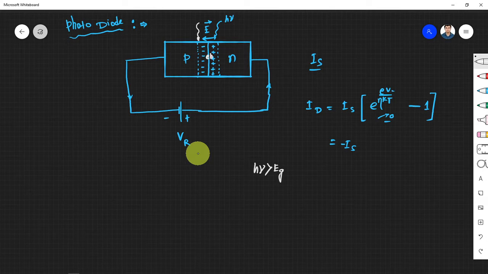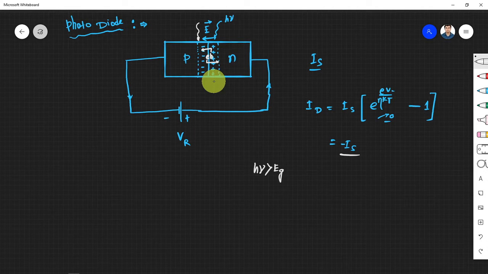Now this electron and hole pair will feel this electric field, right? So the electron will move in this direction and hole will move towards the field direction. So basically we will have one current flowing now. We had this reverse saturation current IS, and now we have excess current because of the generation of these carriers.